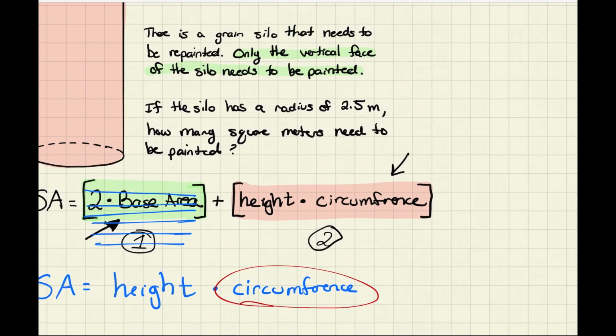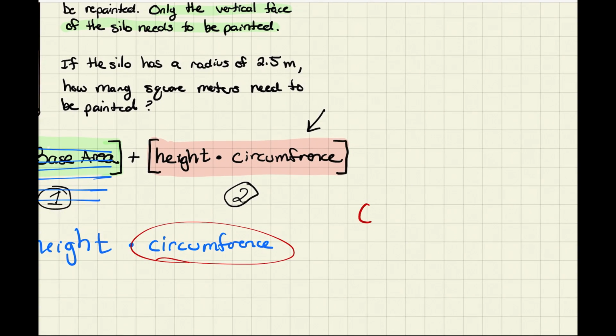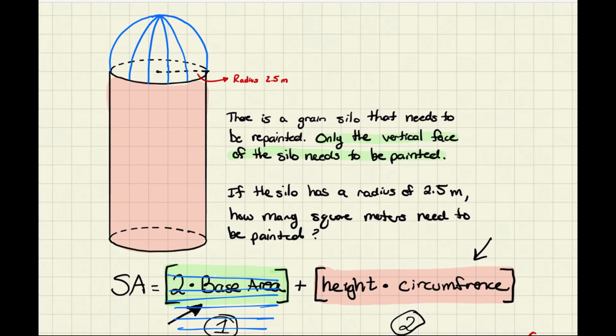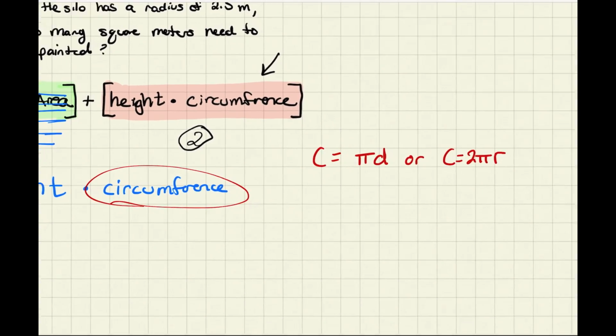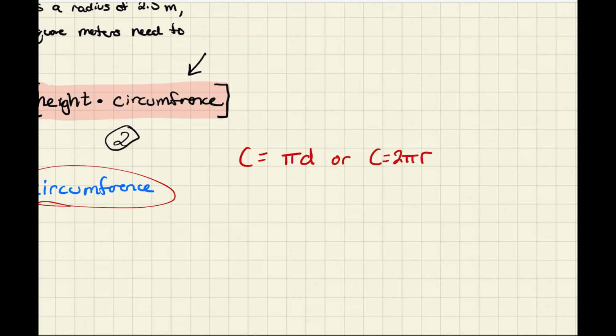Again, we need to find circumference. So circumference equals pi d, or circumference equals 2 pi r. In this problem, they give us radius as 2.5. So we can use this equation here.